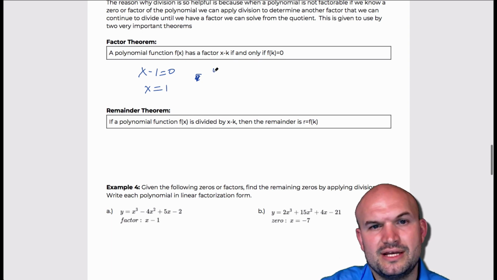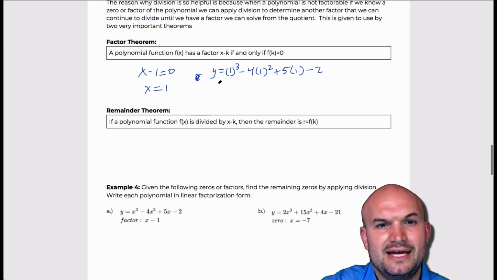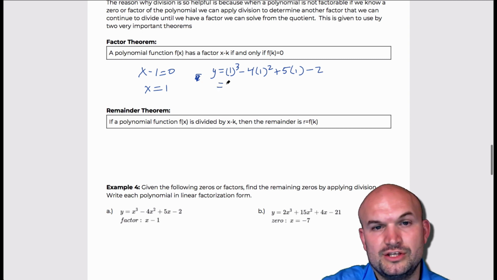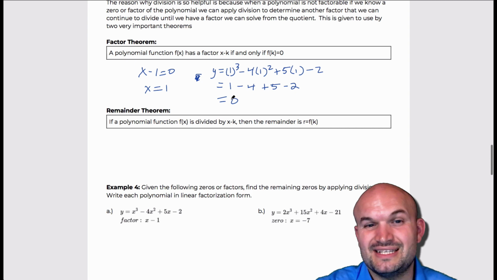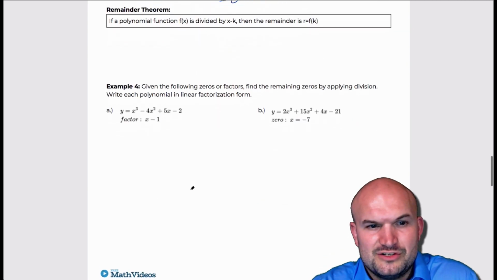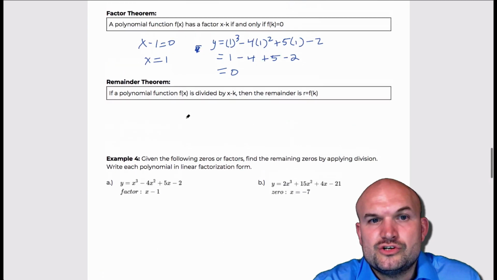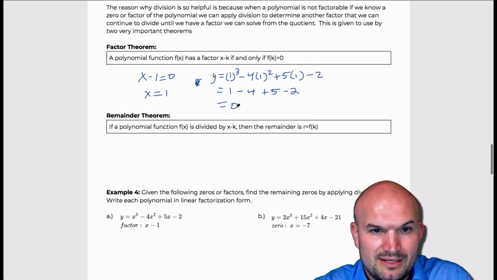So now let's plug in 1 for that polynomial: 1 cubed minus 4 times 1 squared plus 5 times 1 minus 2. You can see here that 1 cubed is 1, 1 squared is 1, minus 4, plus 5, minus 2. And therefore what we get is 0. Now again, I already told you this is a factor, so this has to be true. That's why it works.